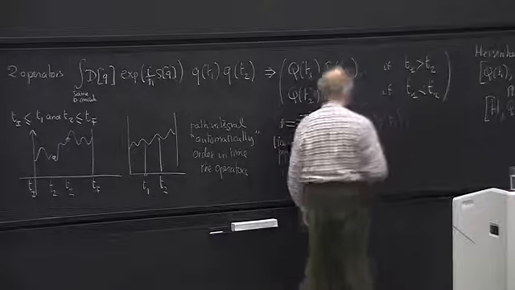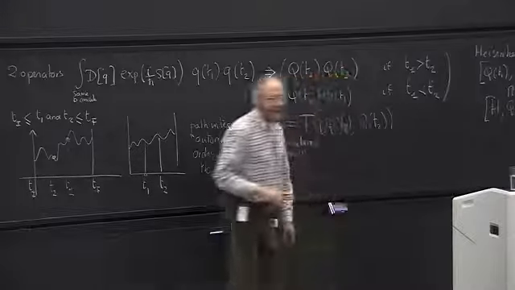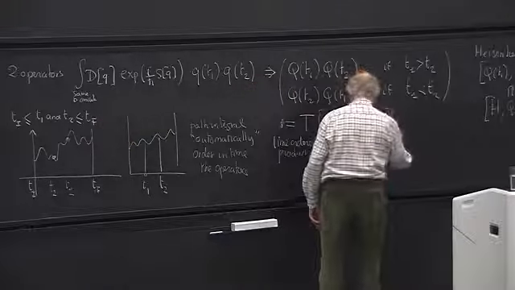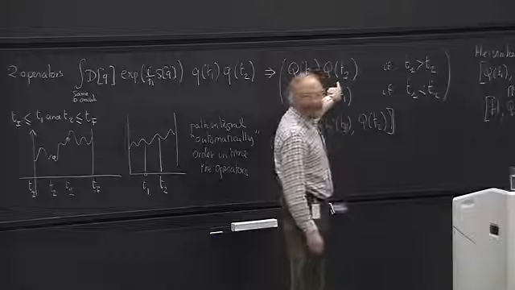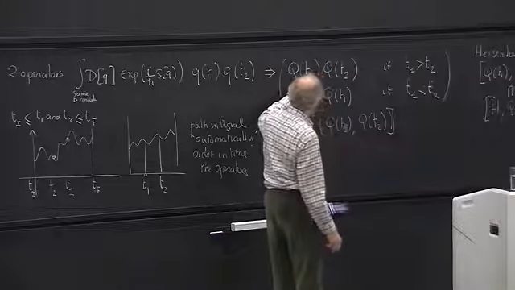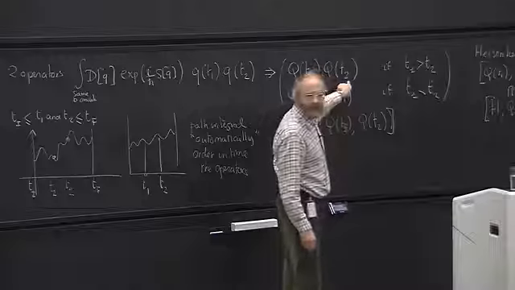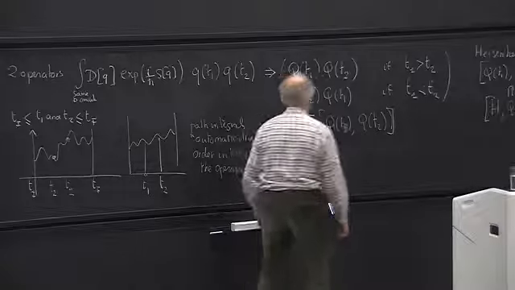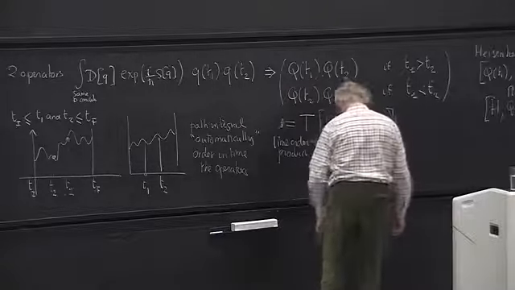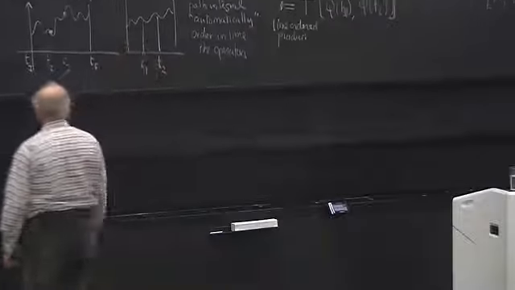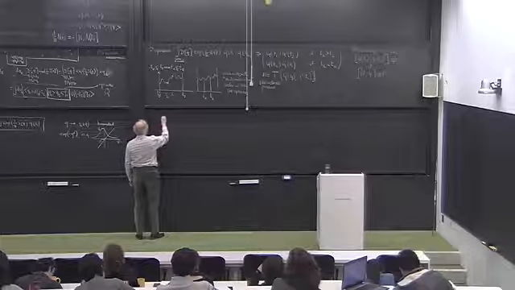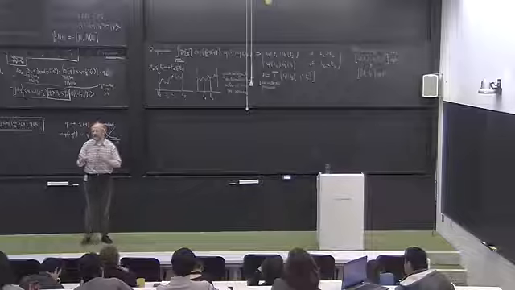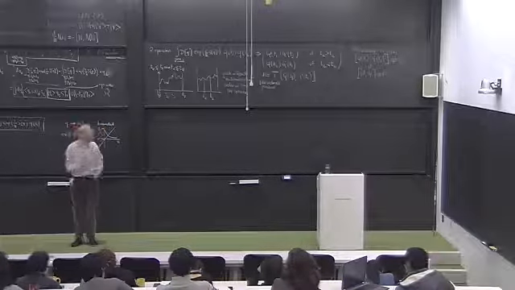So given two operators, whatever operators they are, in the Heisenberg picture, I define the time-ordered product as the operator at the larger time applied to the operator at the smaller time. So by definition, in fact, there is a general definition of the time order. If you have any operator A of T1 and B of T2, they do not need to be necessarily the same. They do not need even to commute at equal time.